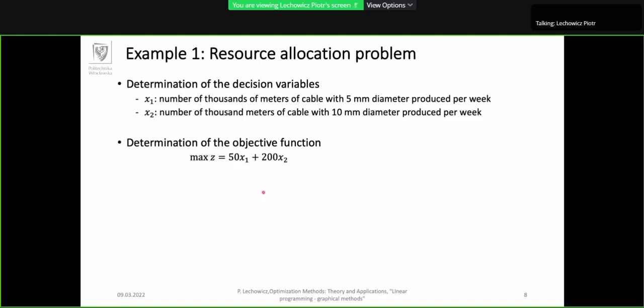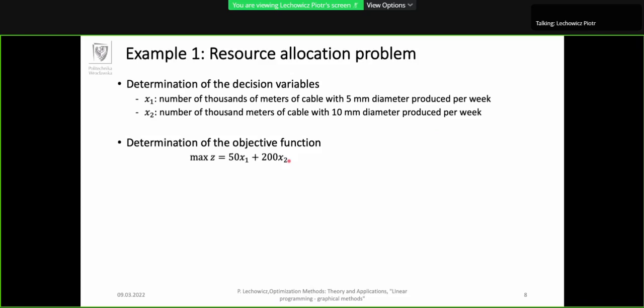In fact, we should multiply it by 1,000 because it's thousands of meters. However, whether we multiply the objective function or not, it will not change the optimal point in terms of the values for the decision variables.